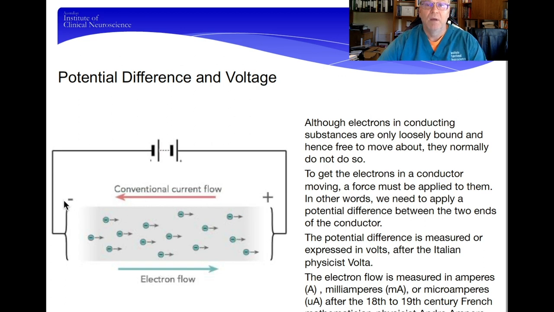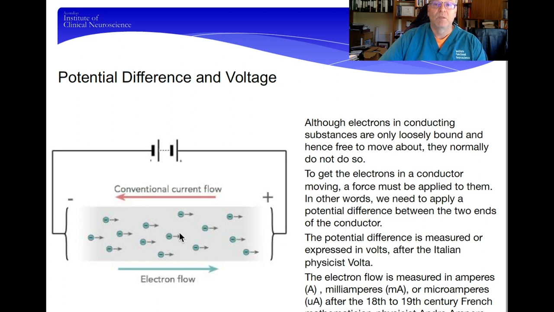Now this electron flow is measured in amps, or amperes for short. Really, really small currents are measured in milliamps, and even smaller currents are measured in microamps. These are named after the mathematician and physicist of the 18th to 19th century, André Ampère.